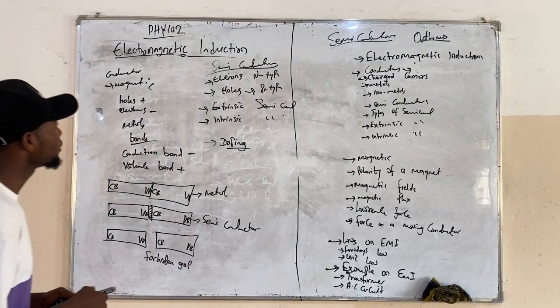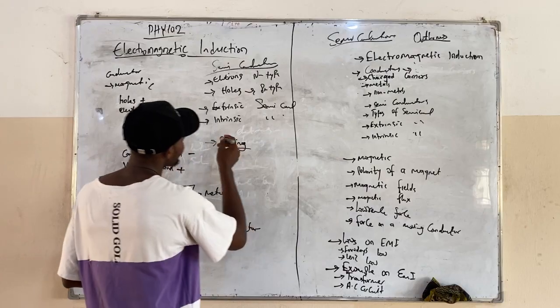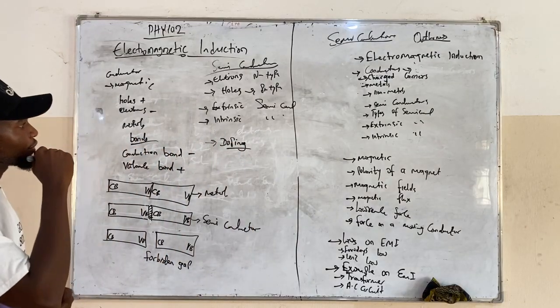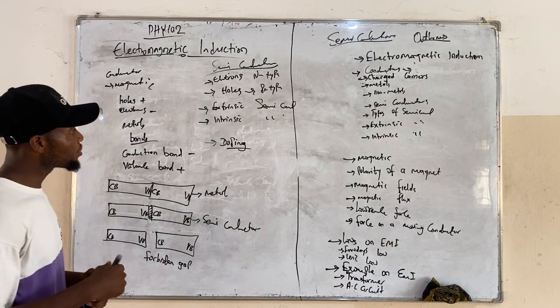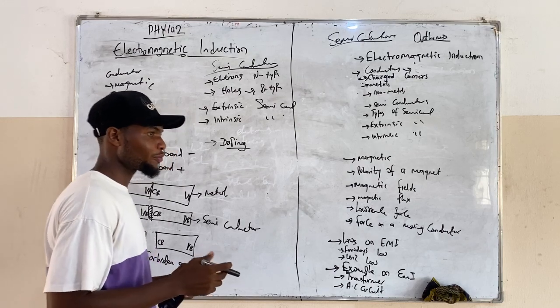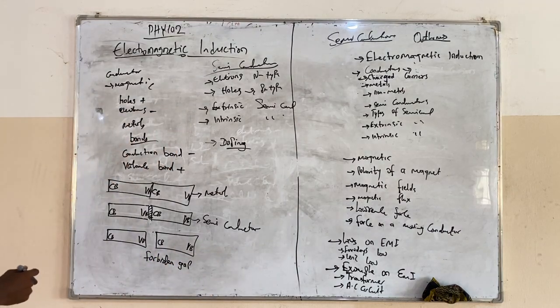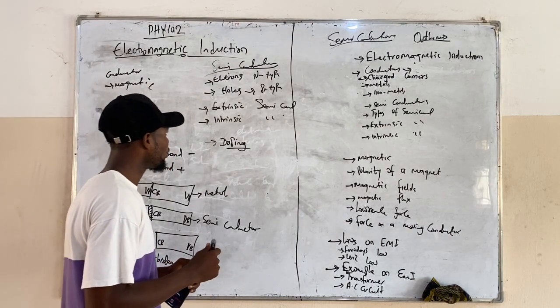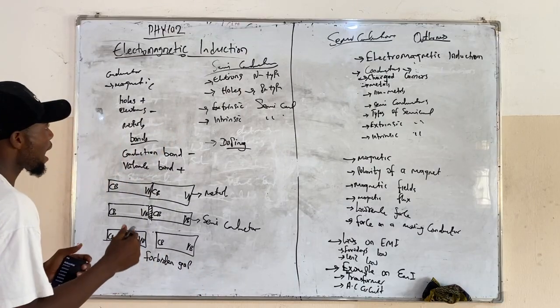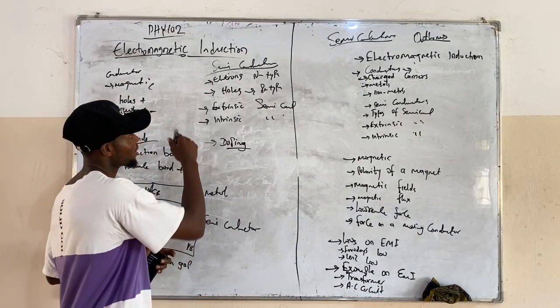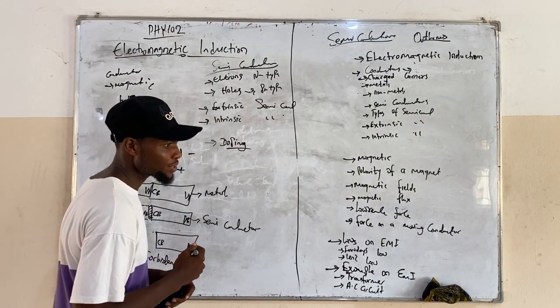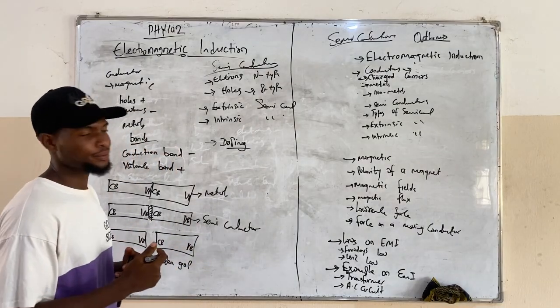So now, having known this concept, let's move to intrinsic semiconductors. Intrinsic semiconductors are semiconductors of great purity. Thus, they are extremely pure, so that they are almost categorized as a metal because they have no impurity.